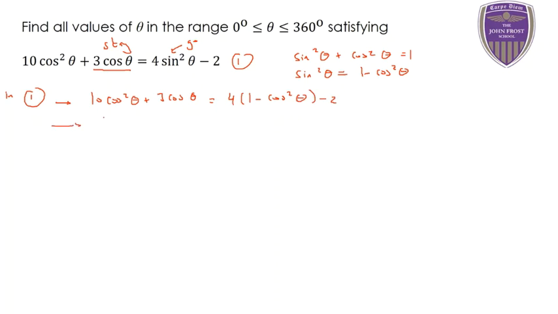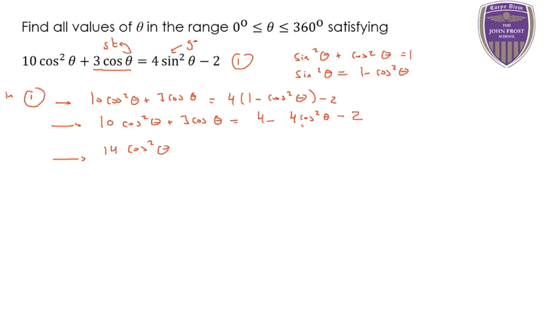As always, one thing at a time, we'll expand the brackets first. You get 4 minus 4 cos squared theta minus 2. And again, we want to have a positive cos squared, so I'll take this negative 4 cos squared over here. That'll be 14 cos squared theta.